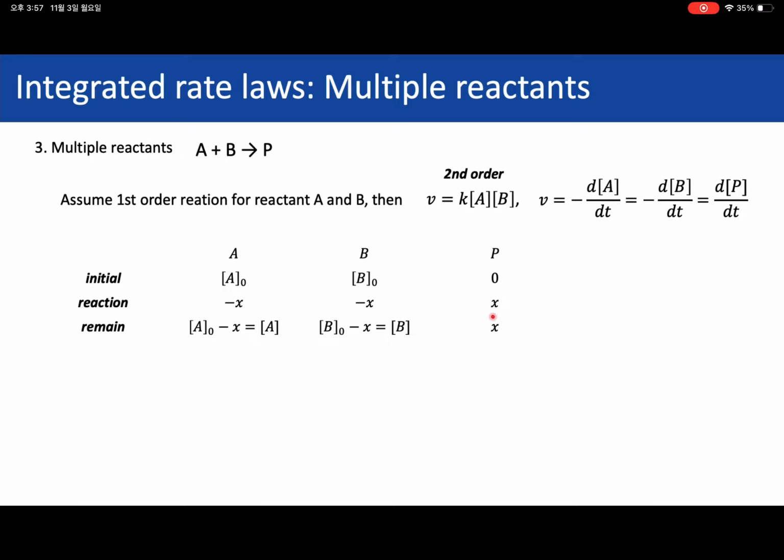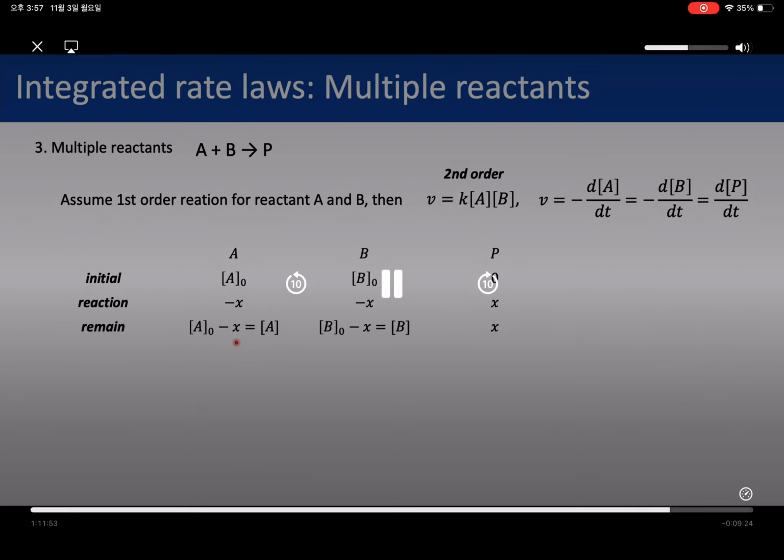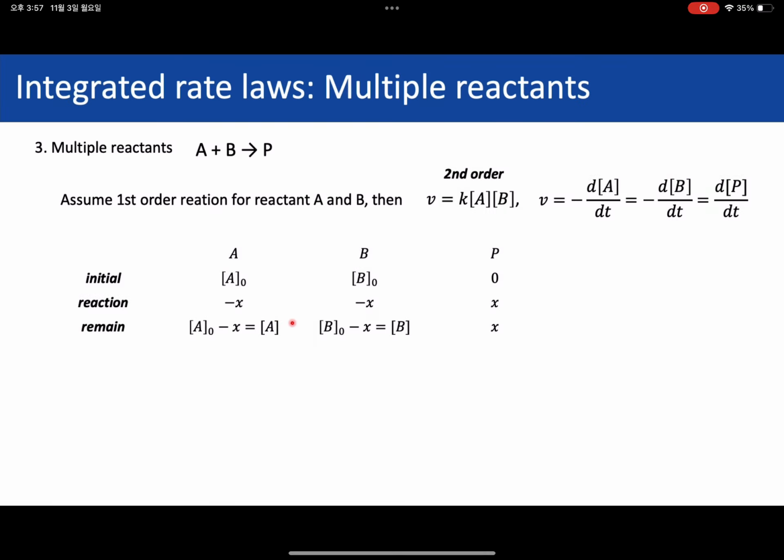Then we are producing X mole of P. This is the amount that is reacted. Then the remaining amount of A is A0 minus X. Since this X is the amount reacted, this value is the concentration of A at a time t. Similarly, we can write the remaining concentration of B at the time t as B0 minus X.